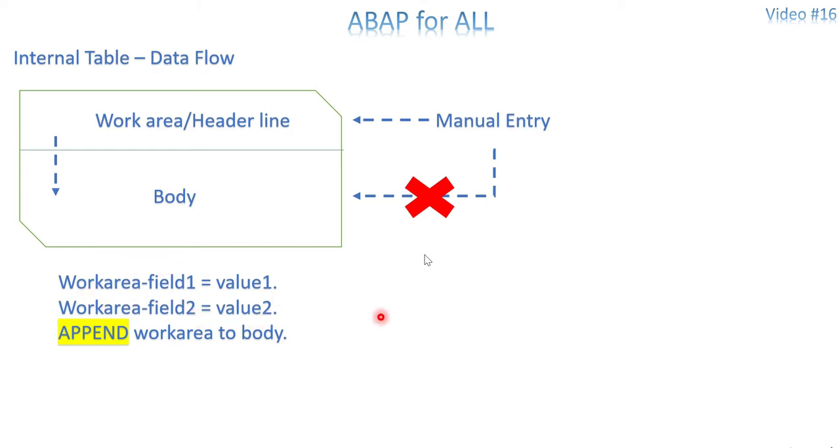Suppose a work area has two fields, you enter the values like this, and the keyword is called append. Append is a keyword to move the data from work area to body of an internal table. Append work area to body. Work area and body can have different or the same name. We'll see that quite a bit later.